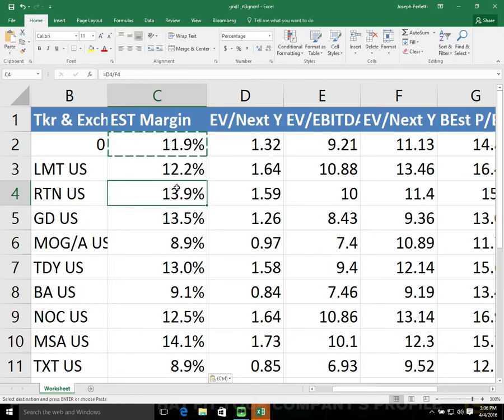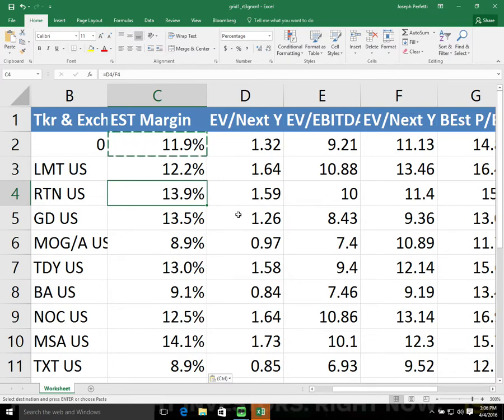Hiding there in plain sight. So when Raytheon tells the analysts that we actually have better margins than our peers, Raytheon has some of the best margins going forward in the industry. But why, with those better margins, is Raytheon not trading at a higher multiple than Lockheed Martin?